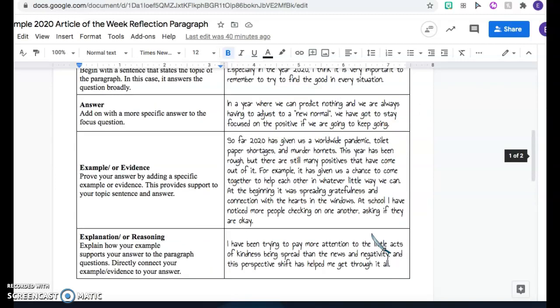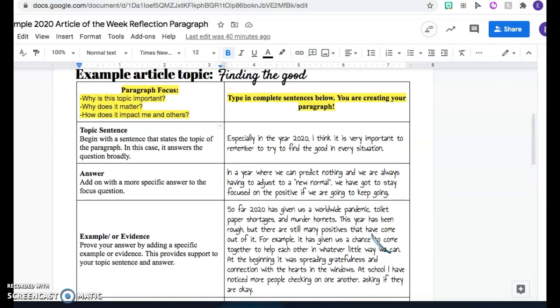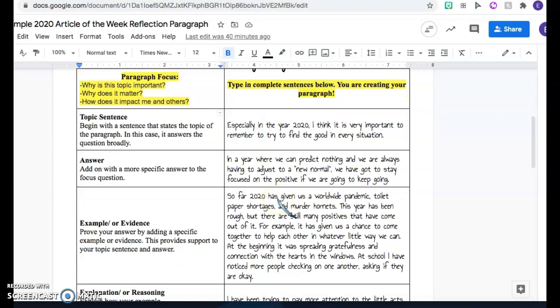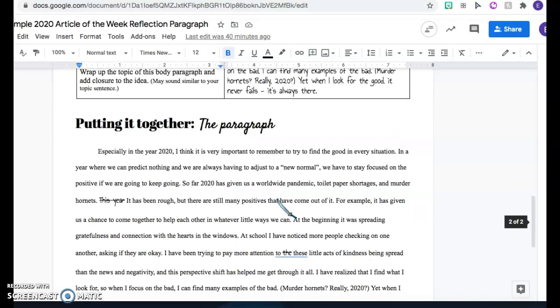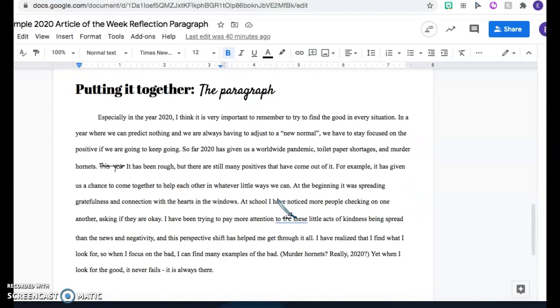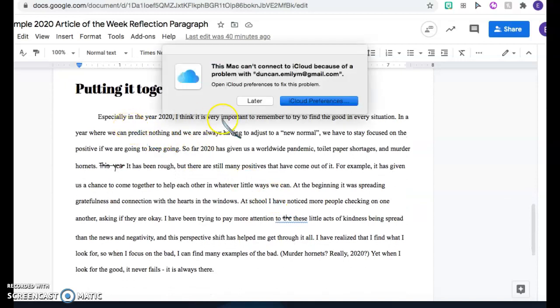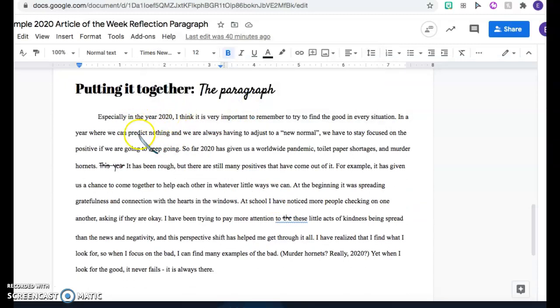Once you have done your brainstorm, you actually have written an entire paragraph. All you have to do now is copy and paste those ideas into one cohesive paragraph. You will notice that there are a few places where I am showing that this person had to change the connections, those links, because the flow was not correct.